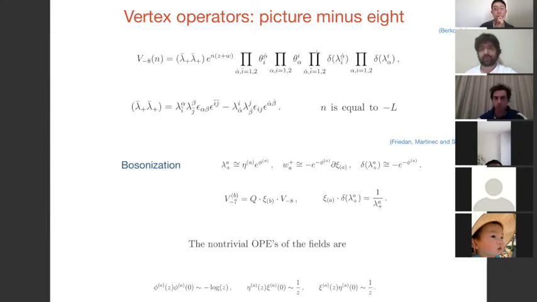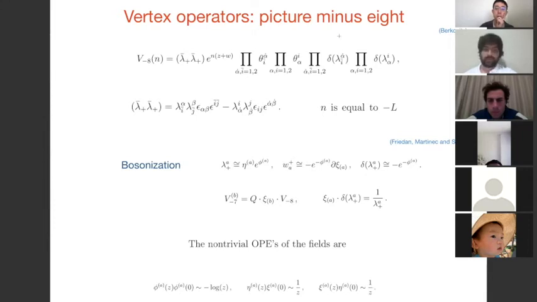He proposed this picture -8, and there is this procedure to move the pictures, right? One way to get the vertex is to apply 8 picture raising operators and eliminate all deltas. So a nice question to ask is whether this picture -8 vertex, that's super simple, works in any background, or it's just very particular to AdS5×S5.